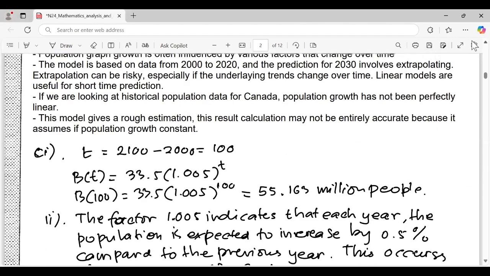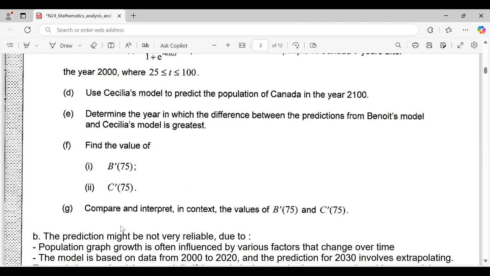Next, part G. Compare and interpret in context the values of B derivative if t equals 75 and C derivative if t equals 75.